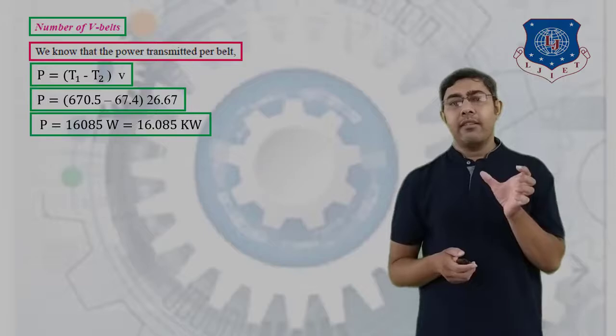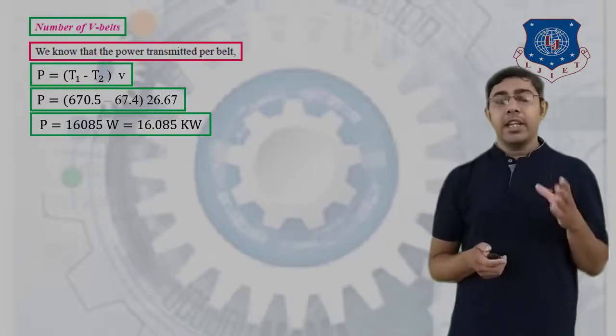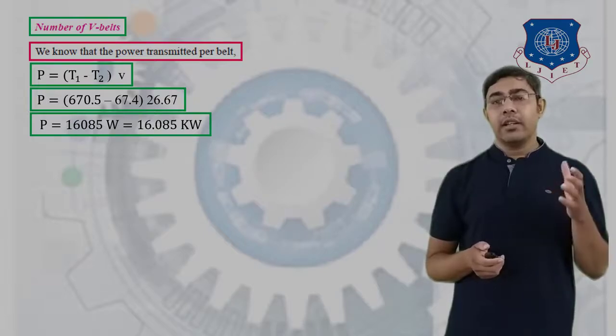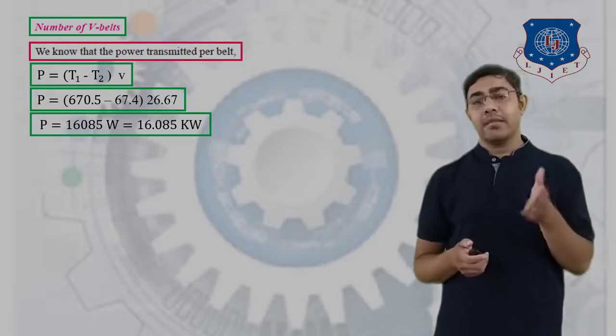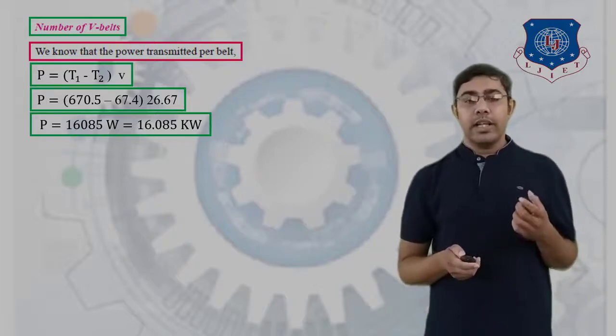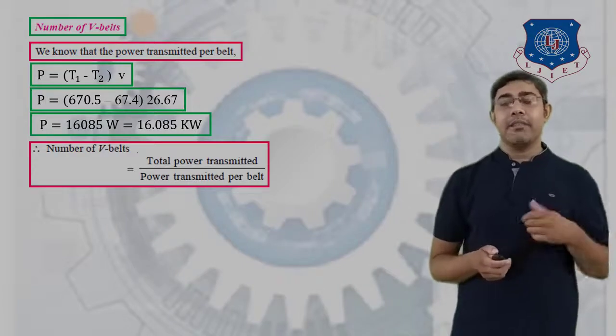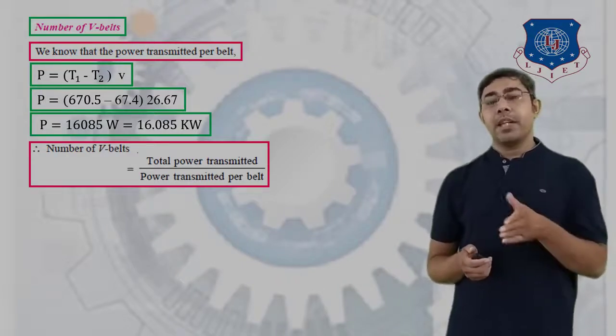So this is the power transmitted by one belt, and here the rated power capacity of the drive is given as 90 kilowatt. So we have to calculate the number of V belts, which is equal to total power transmitted divided by power transmitted per belt.